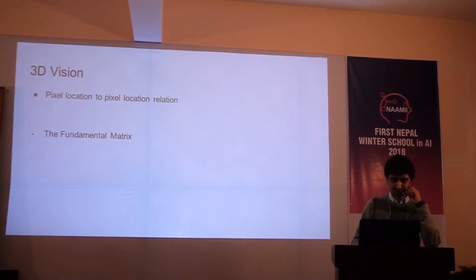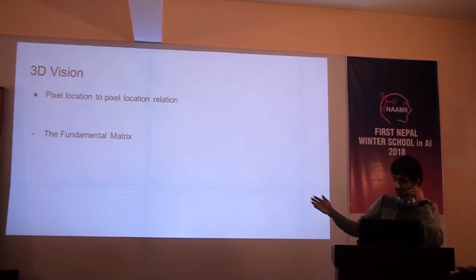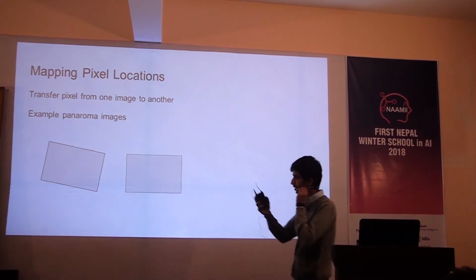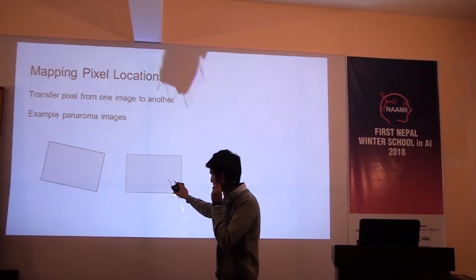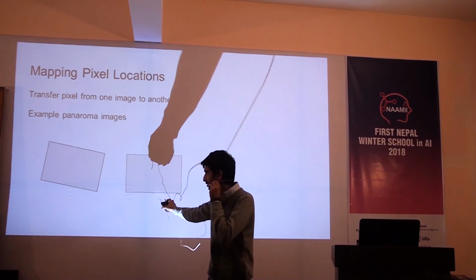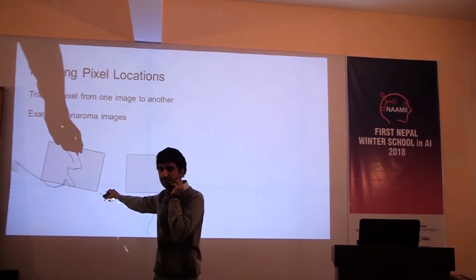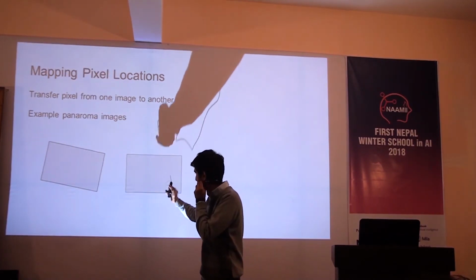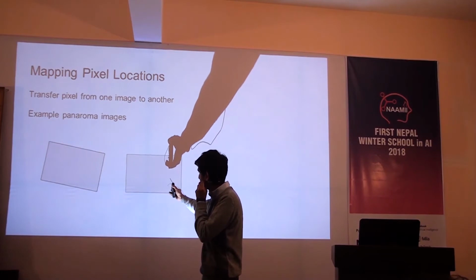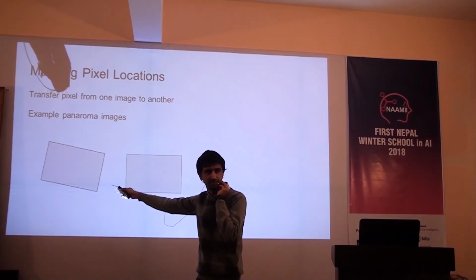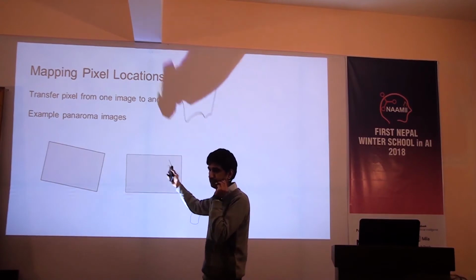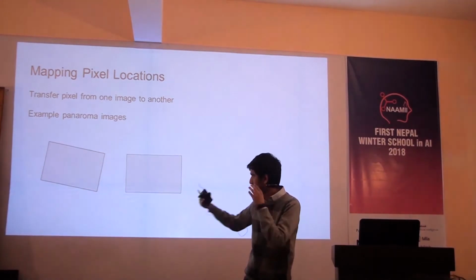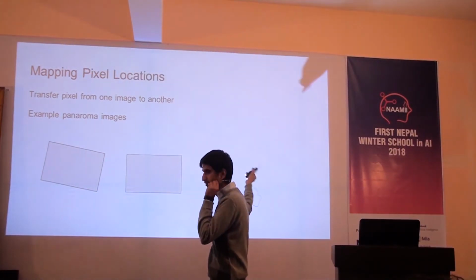In order to make a panorama, we will see later that if you have two images, you need to transfer each pixel here to this reference image, or the other way around, whichever. And then you add information that is not present in that image from here. So you're just extending the first image using the information from the other images.